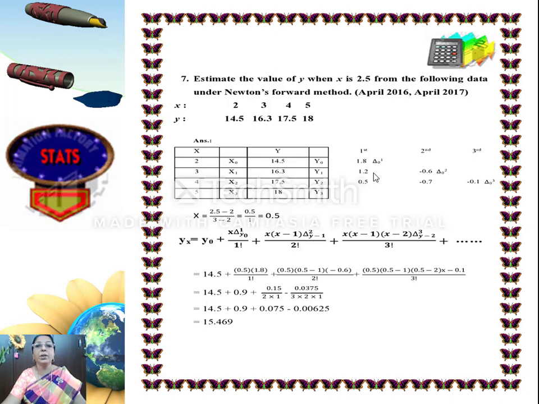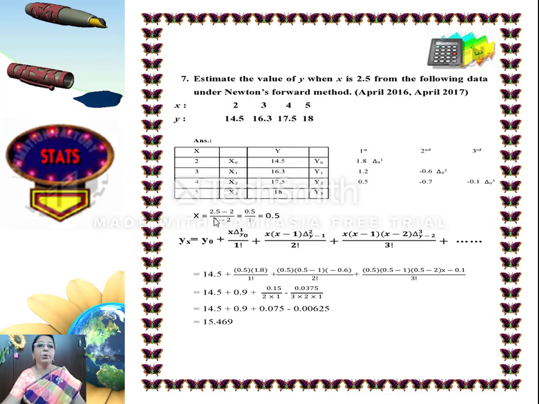So from the first difference we arrive at the second difference. 1.2 minus 1.8 is minus 0.6. 0.5 minus 1.2 is minus 0.7. So we get the second difference. And from the second difference we move on to the third difference. Minus 0.7 minus of minus 0.6 will become plus 0.6. So it is minus 0.7 plus 0.6, which gives you minus 0.1. Now this is your table of differences.